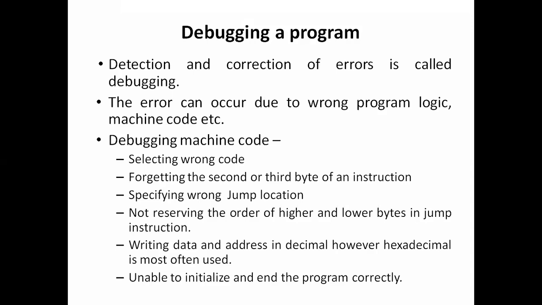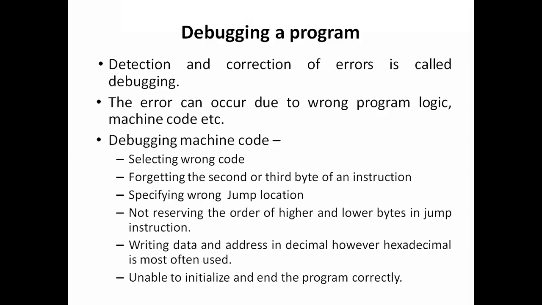So there are 3 important things related to a computer program, whether it is a high-level language program or an assembly language program: the initialization process must be done correctly, the body, meaning whatever operation you have to perform, has to be written correctly, and you have to end the program correctly. These are the ways you have to take care of if you want your program to be error-free.